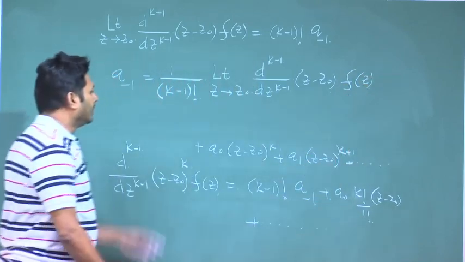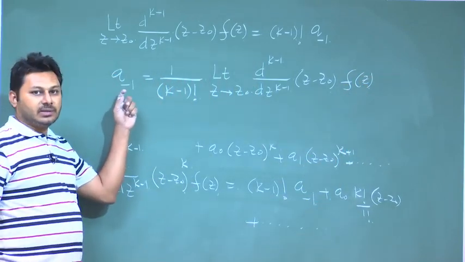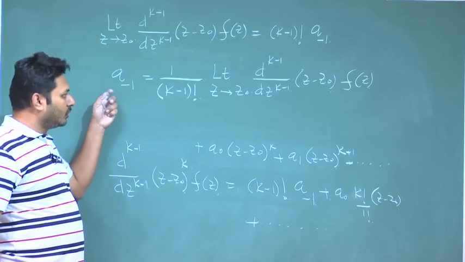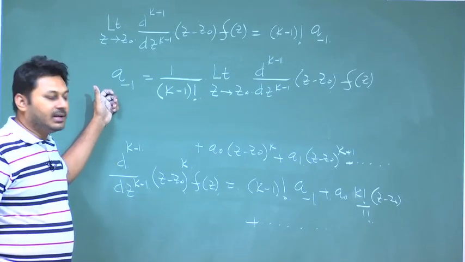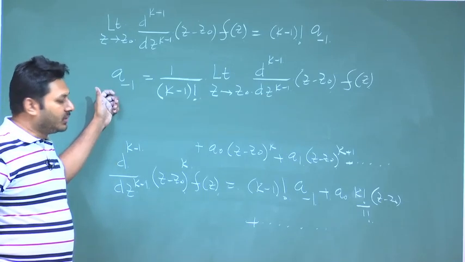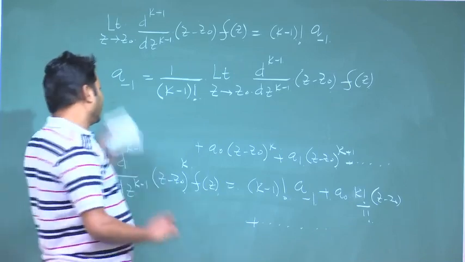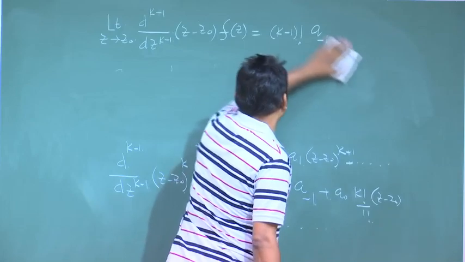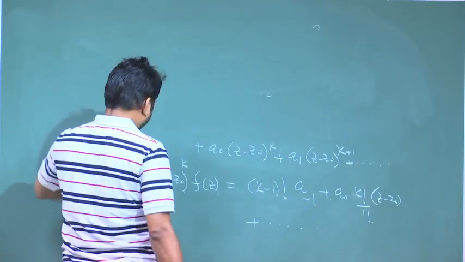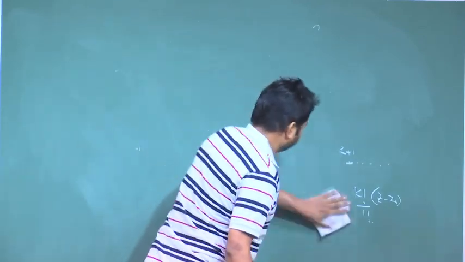This is my recipe to find a minus 1, once I know the function has a singularity at z equal to z0 with a pole of order k. So I have two formulas in my hand, and if I write these two formulas side by side, it will look something like this. So let me write it here.